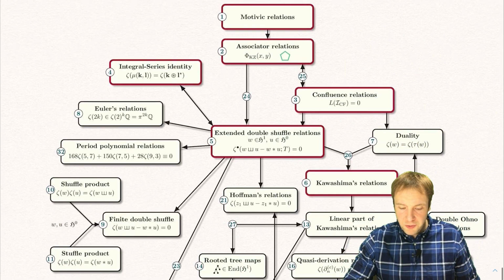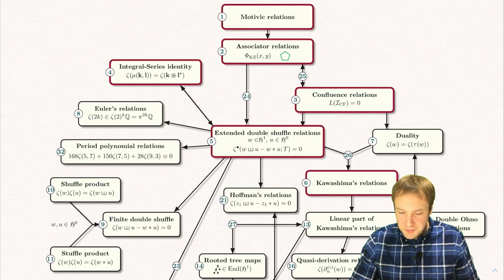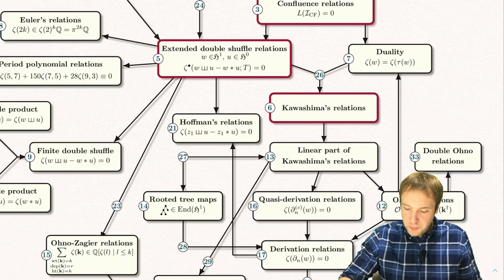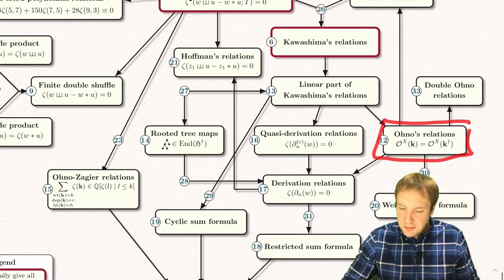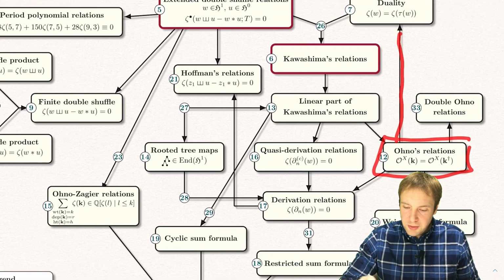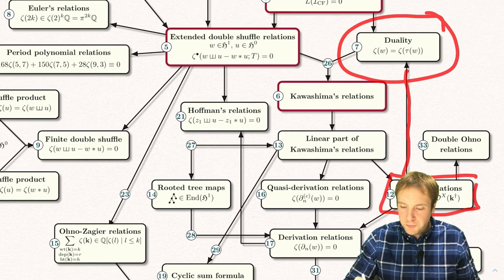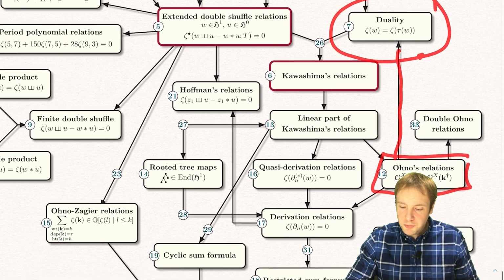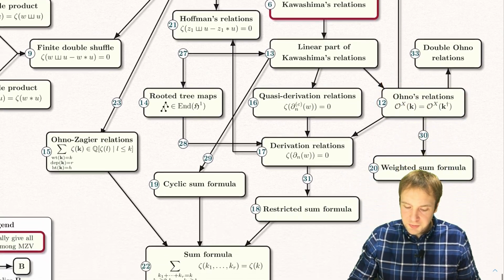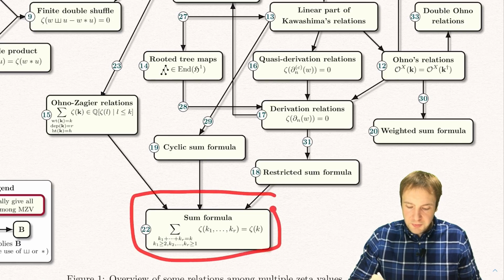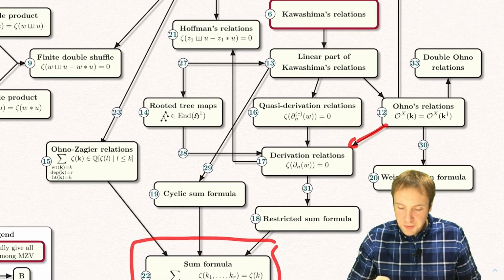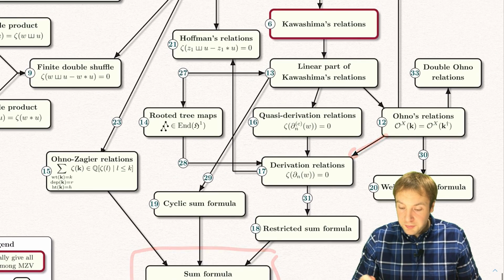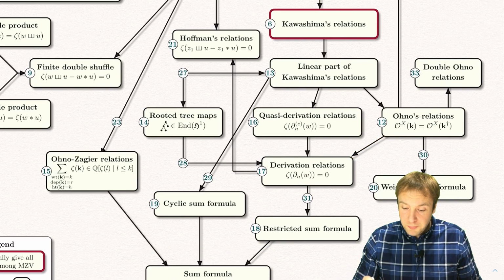If we go again to this zoo of relations here, what we saw now is we talked about these Ohno relations, which generalize the duality, and we also gave a new proof of the duality without using the iterated integral representation, and we also saw this sum formula. In this picture, these arrows mean that we know that this relation implies the other one, so we see that there are many more relations in between.